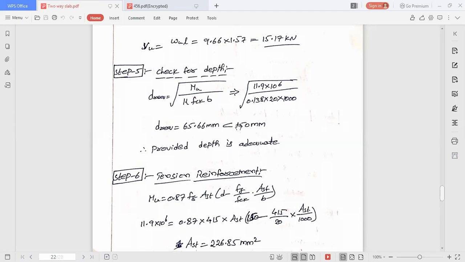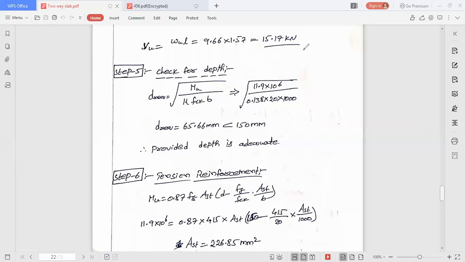Hence it is very safe. You cannot compare this value with the end value, that is, the 100 we provided. Because the bending moment we used, the maximum bending moment 11.9, is the maximum bending moment at the fixed end, not at the free end. That's why we have to check the depth we have provided there.